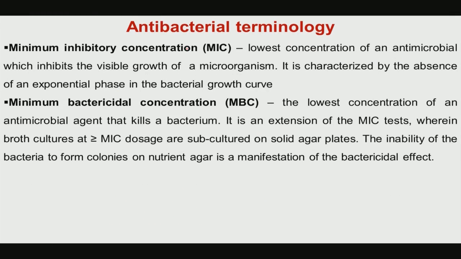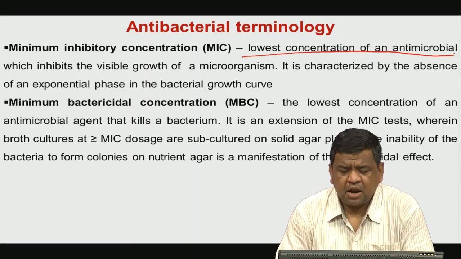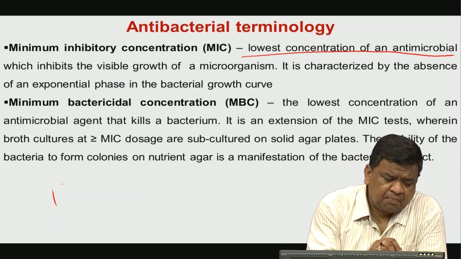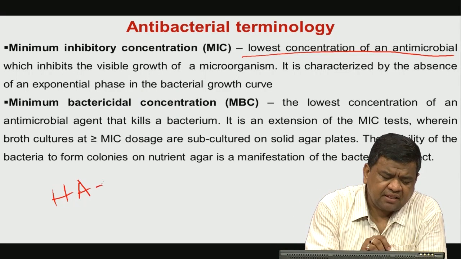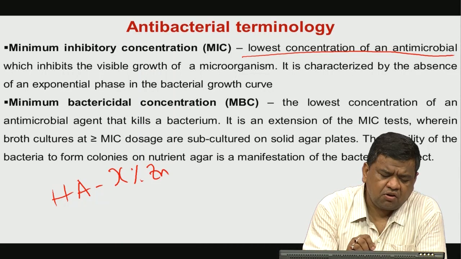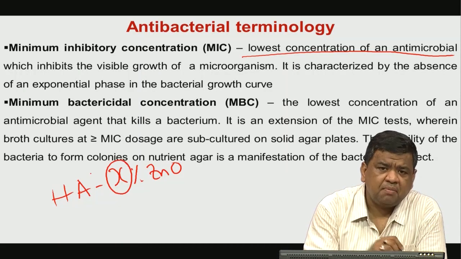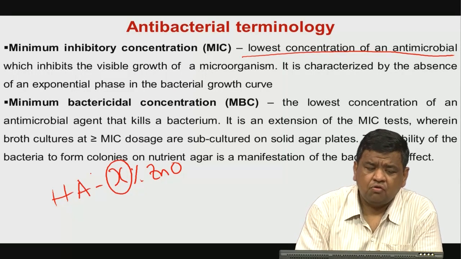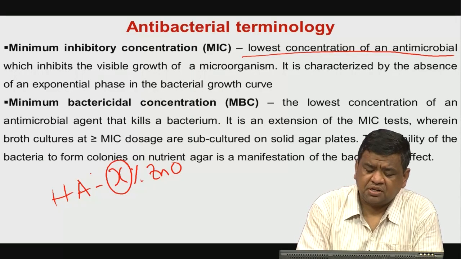Let us define that. Minimum inhibitory concentration means the lowest concentration of any antibacterial, any antimicrobial. Here, in the context of bulk materials, you can say HA with X% silver or zinc oxide, where X is to be optimized, that is, what is the minimum percentage or minimum value of X which will give you that inhibitory concentration.